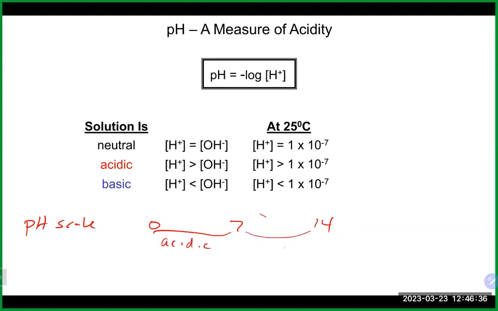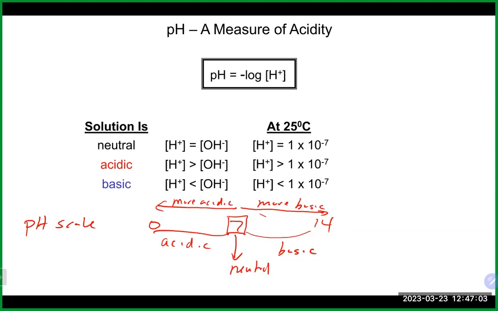Above 7 is basic. And truthfully, dead on 7 is neutral. As you go from 7 towards 0, you're becoming more acidic, and as you go from 7 up to 14, you're becoming more basic.